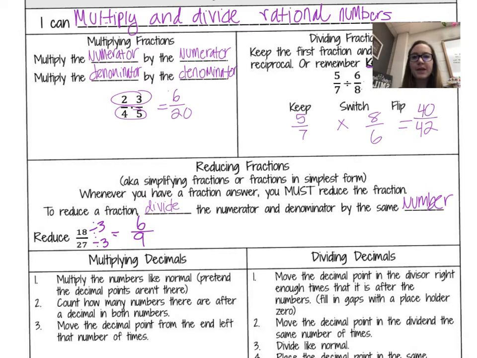And you're going to repeat that process until you can't divide them evenly anymore. I know 6 and 9 are both divisible by 3 again, which gives me 2 over 3. And then the only thing left that 2 and 3 share is 1, so I'm done. Can't divide them evenly anymore.